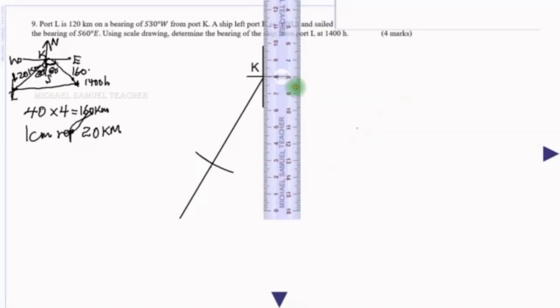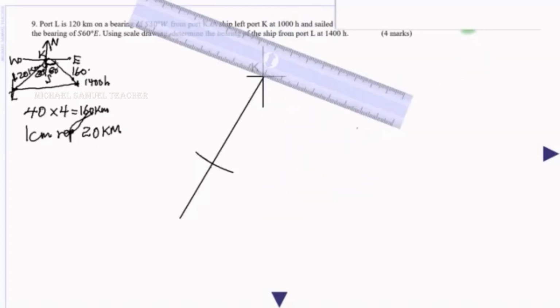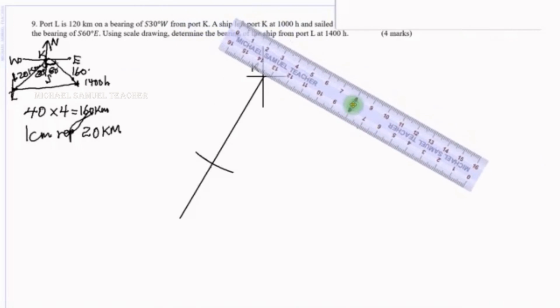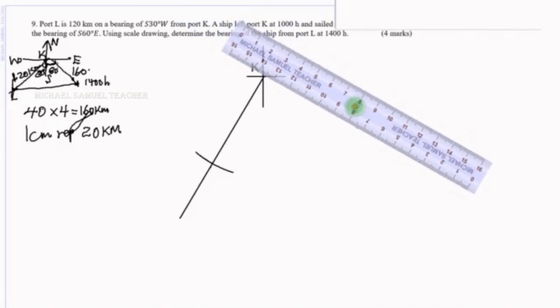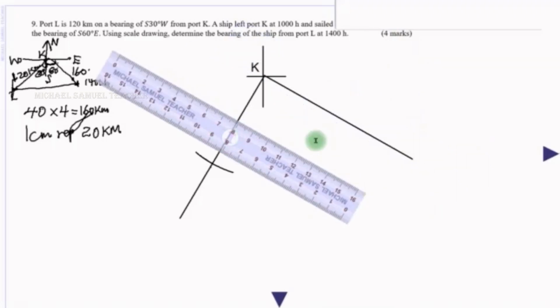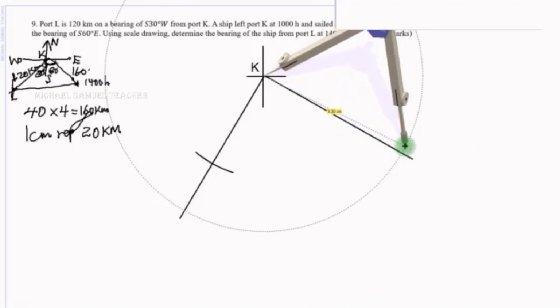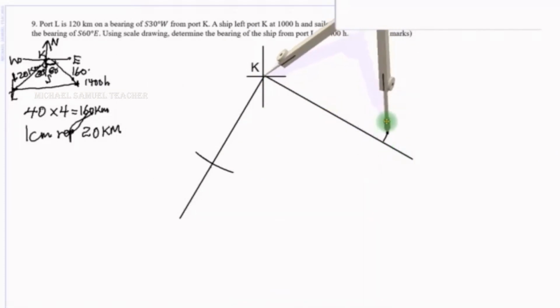So now use the ruler. So from that particular point, we measure 6 centimeters to mark there.